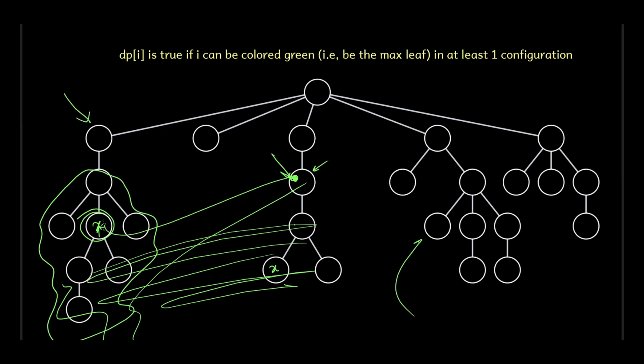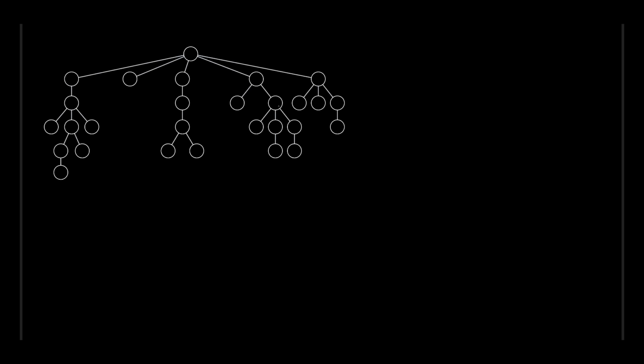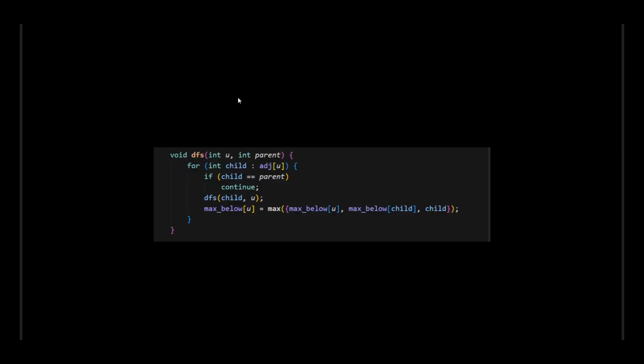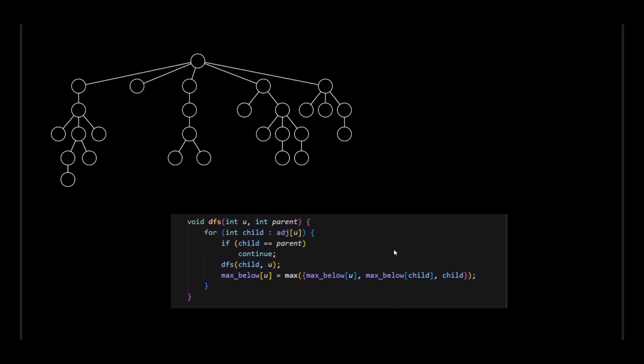So let's look at the DP definition and transition. First of all, you have to do normal DP on trees, where you do a DFS, let's say. So this is your standard DP on trees, and here you want to compute the max below of this.